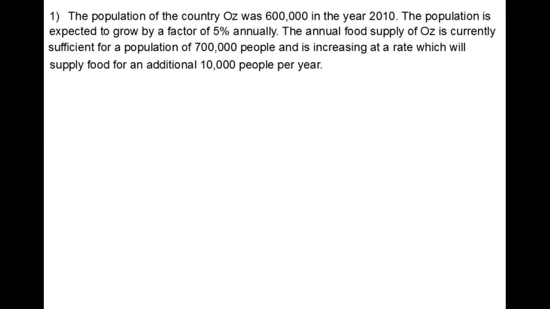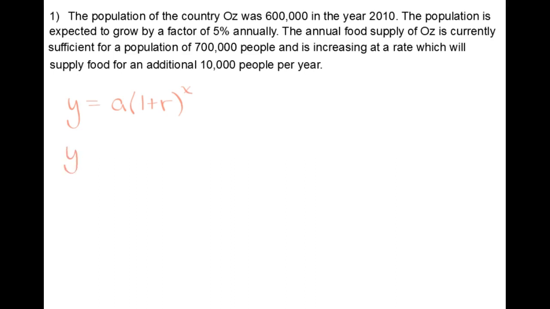There are two things happening. One of them is that the population is growing annually by a percentage. That's a geometric pattern. We're going to need a growth formula. So we're going to start with that same growth formula you just wrote. Y equals A times 1 plus the rate to the power of x. And we're going to try to fill in what we know here.